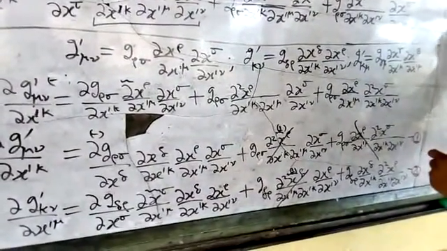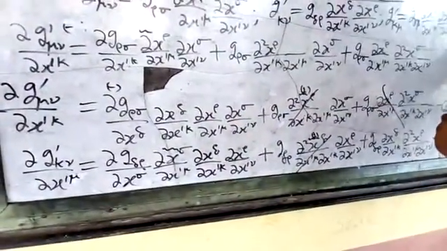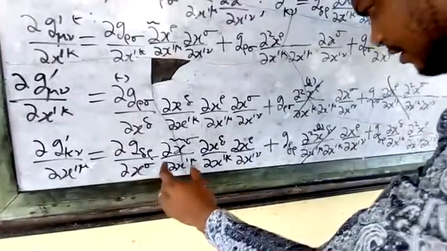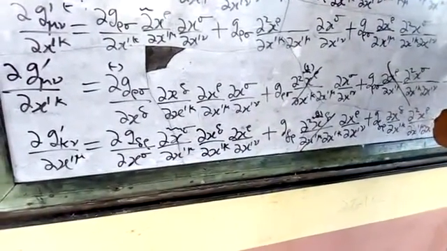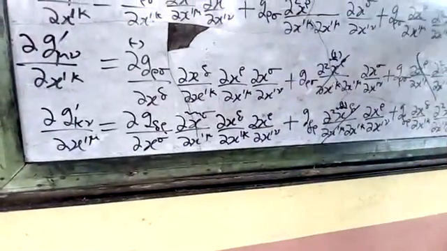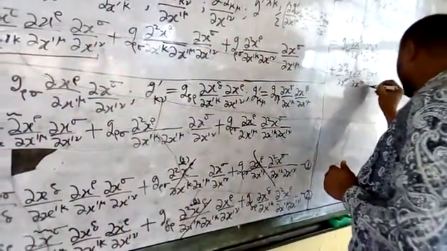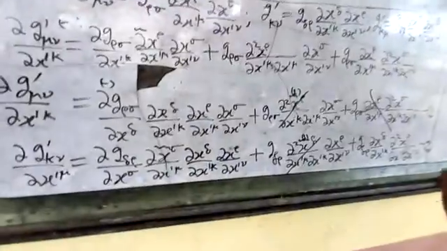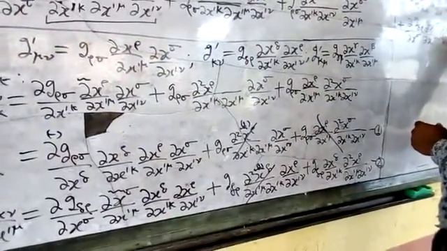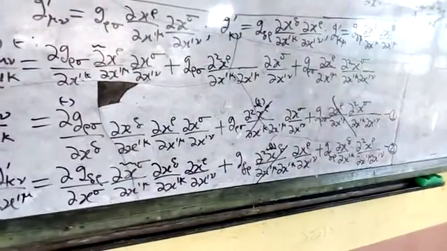For the second term here is going to be the G. I have here with me delta rho, and this is supposed to be the X sigma, and I have there also the X sigma, the X prime, I believe that should be mu, and the X here delta, the X prime K, and here the X rho, and this is going to be the X prime nu. Okay, that's it.